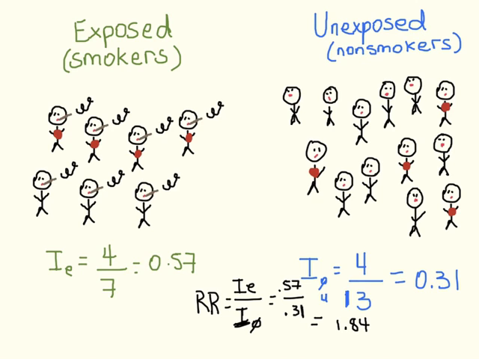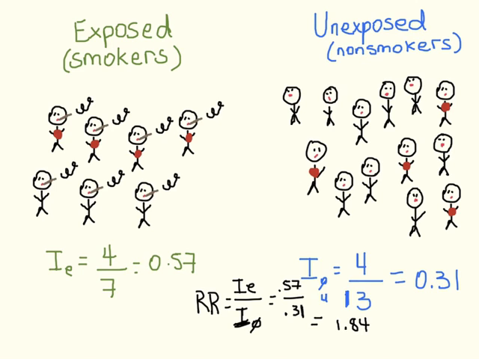So relative risk is just the ratio of the incidence in the exposed group over the incidence in the unexposed group. Dividing the incidence in exposed by the incidence in unexposed gives you the relative risk, which is the relative increase or decrease in risk among exposed relative to unexposed.